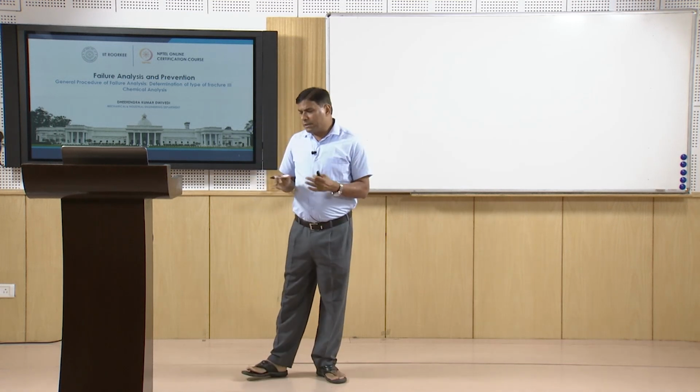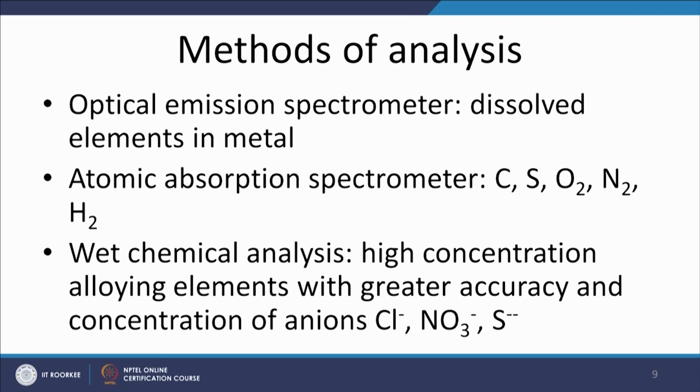Now, there are various methods which are used for chemical analysis, depending upon the purpose: what is to be analyzed, in what size, what quantity, which material is to be analyzed. We have different methods. Optical emission spectrometry is used for determining the elements dissolved in the metal.